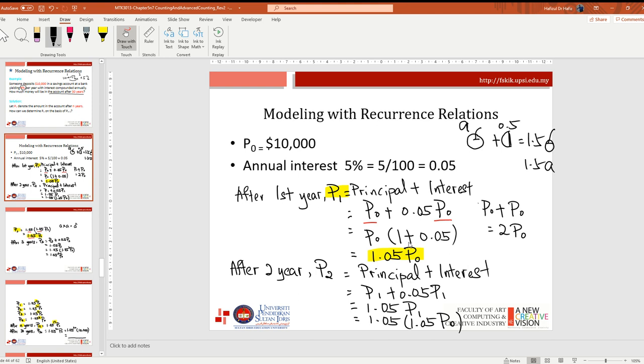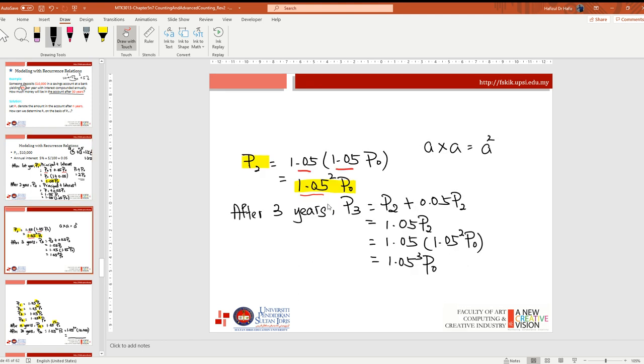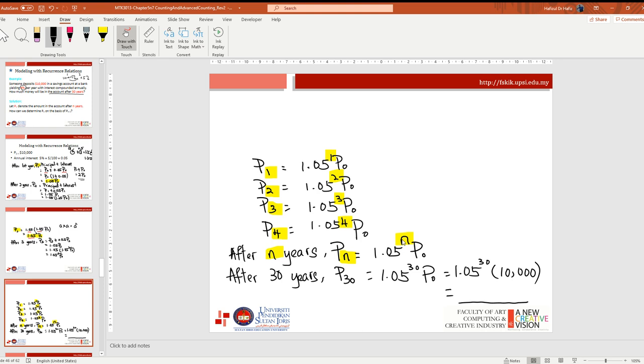Okay, and then after year 2, P2 is P1 plus 0.05 P1, and then this one is 1.05 multiplied by 1.05 P0. After 3 years, P3 is P2 plus 0.05 P2. Okay, power of 3, and so on.